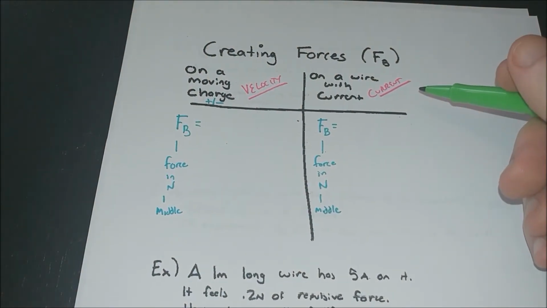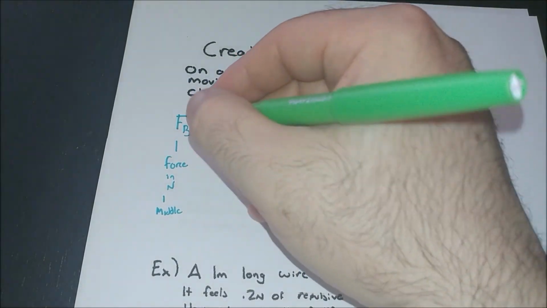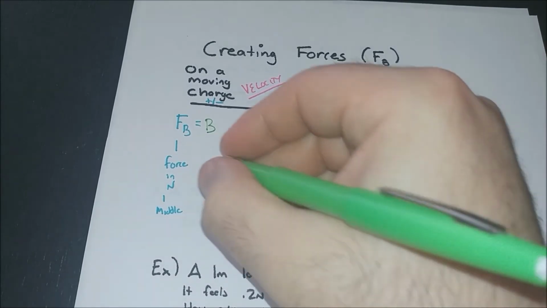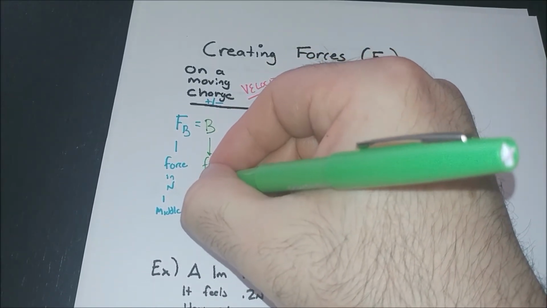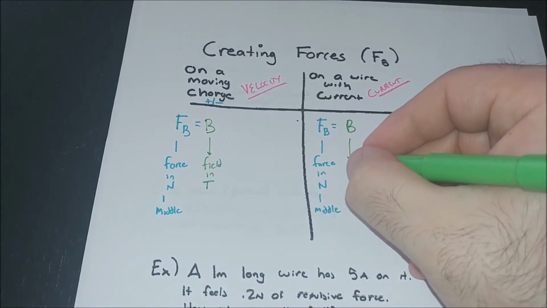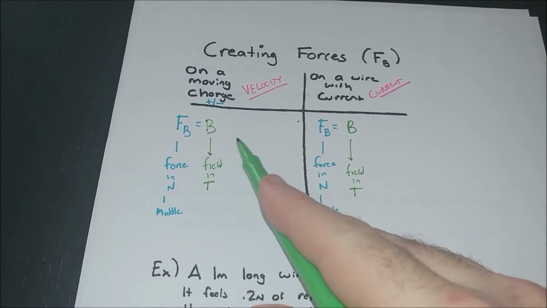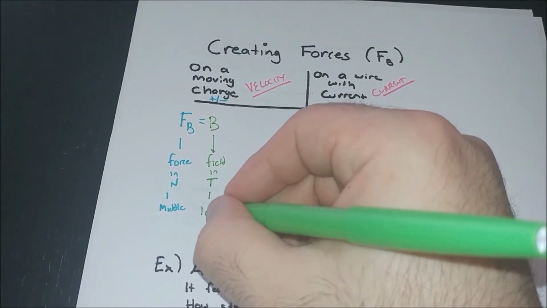Now, from the opening salvo today, fields make forces. So to find the amount of force, we need to know the amount of field, which is B. And B is the field in Teslas, which is, of course, the index finger on your hand.